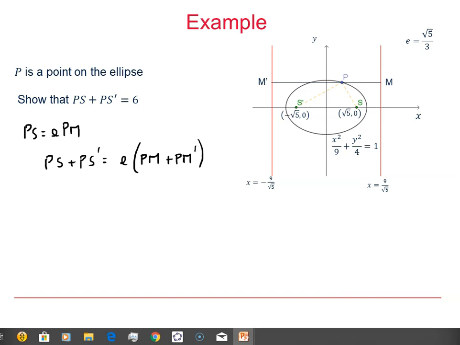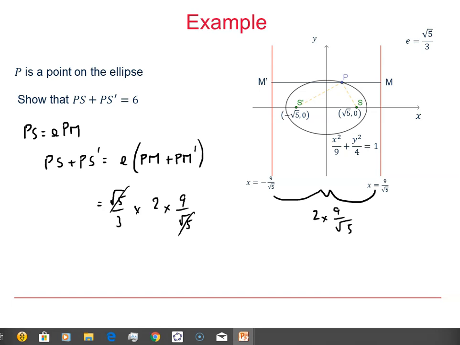But that's a rather easier thing to work out, because we know that the directrices are at plus or minus 9 over root 5, so we just need to double that. This is 2 multiplied by 9 over root 5, and therefore this must be equal to root 5 over 3, which is e, multiplied by 2 times 9 over root 5.